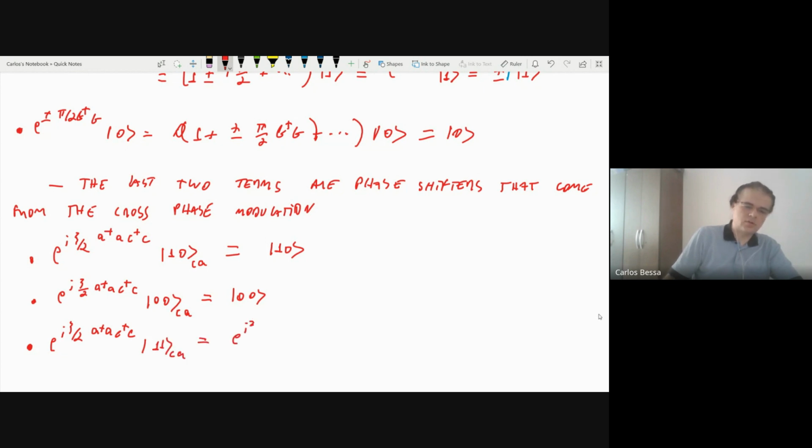This will give only this one. The other is i psi over 2 A dagger A C dagger C applied to 0, 1.